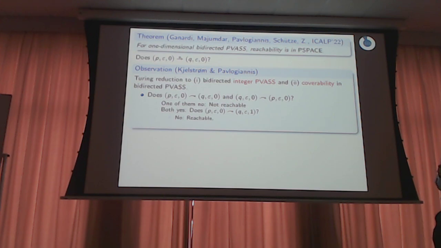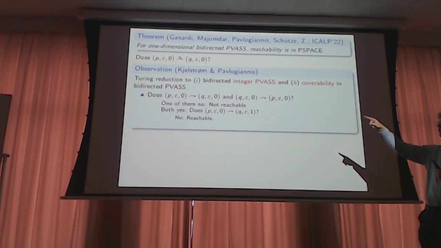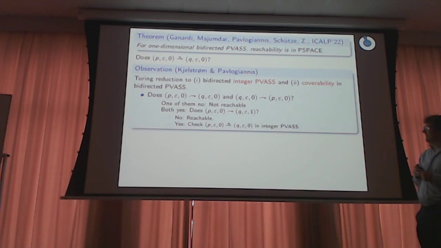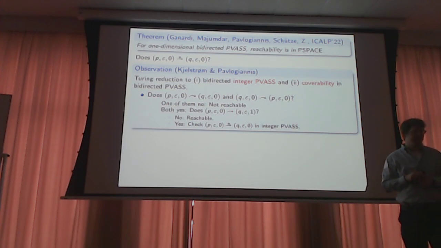If the answer is no, then you must be reachable, because that one covering path for 0 must have even been a reaching path. If the answer is yes, then it remains to check reachability in integer PVAS.